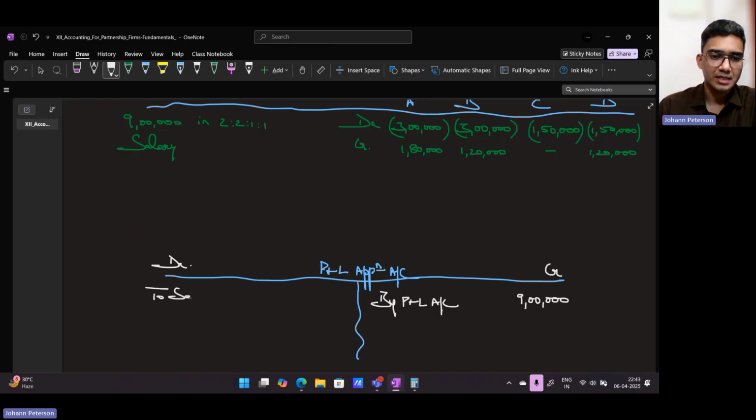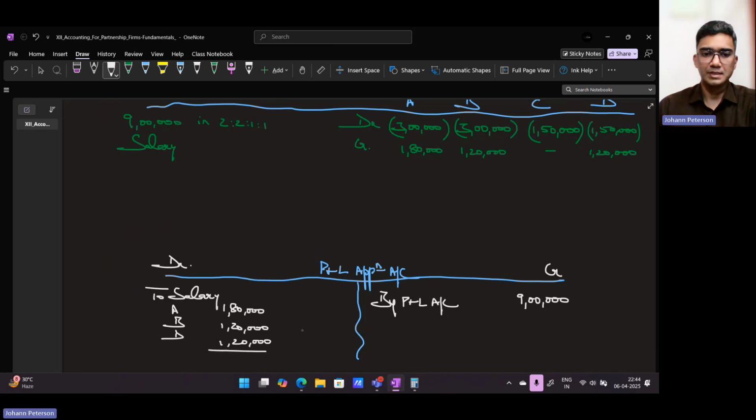So to salary, who all are getting it? A, B, and D. Amount we have already calculated. So I'm just writing the figure 180, 120, and 120. What is that total? 180 plus 240 makes it 4 lakh 20,000.